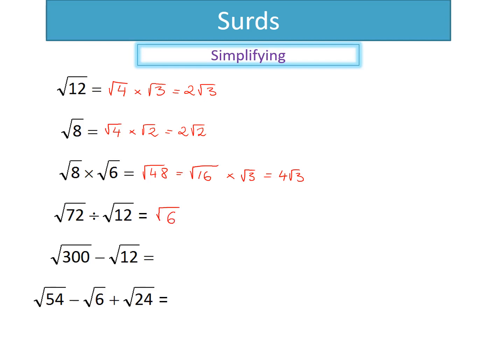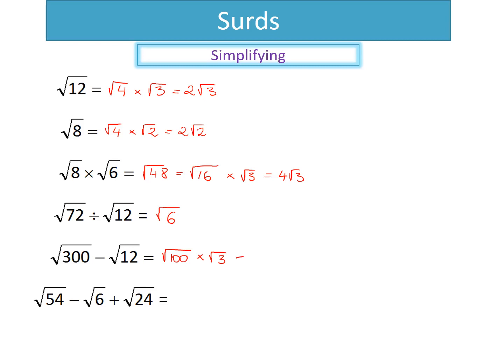In the next example, I simplify first. So square root of 300 can be written as 100 times 3. Okay, so square root of 300 can be written as square root of 100 times square root of 3. And then we take away, and then we simplify square root of 12.